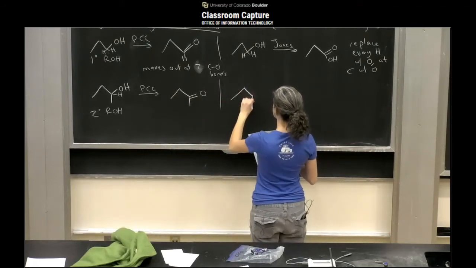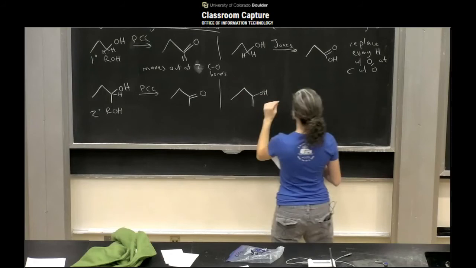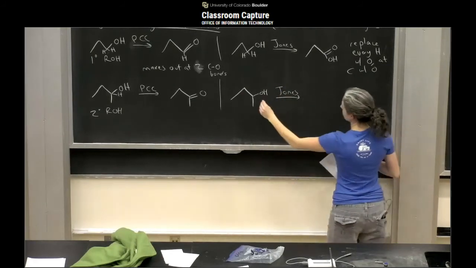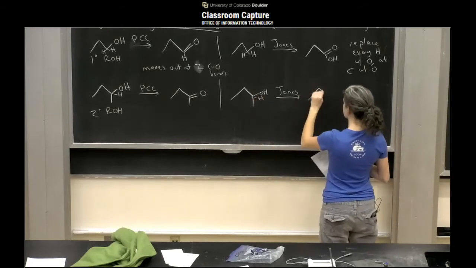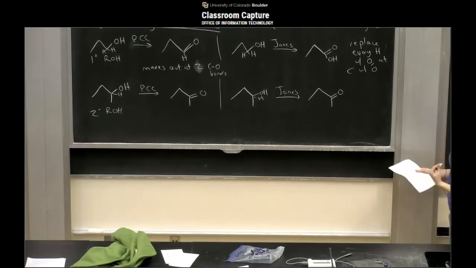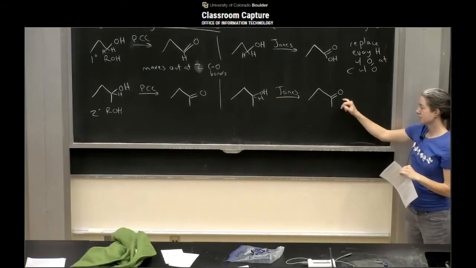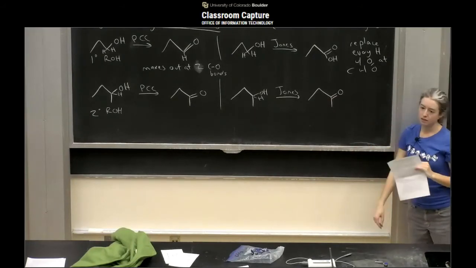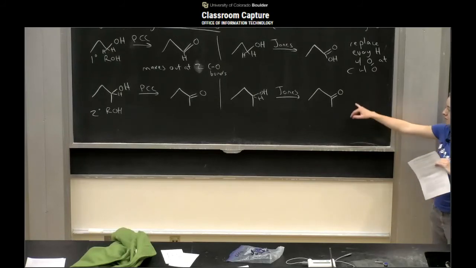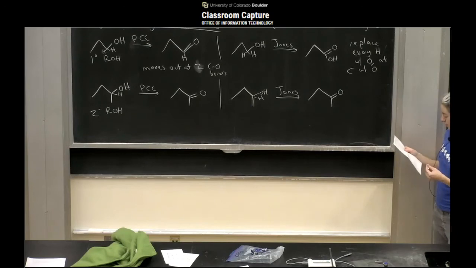Or Jones and similar are going to replace every bond to H with a new bond to O at that carbon, which actually for this case happens to give us the same thing that PCC does. So for secondary, you can't actually tell the difference afterwards between whether PCC was used or whether Jones was used. They both get you to the ketone. Okay, so that should be old news.